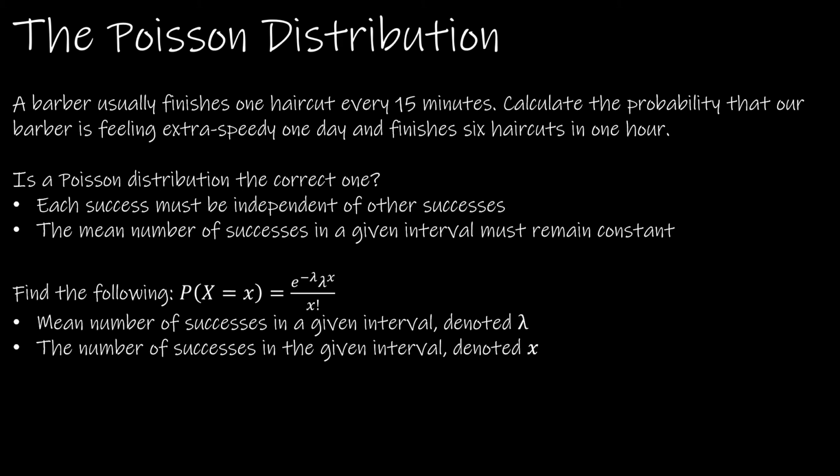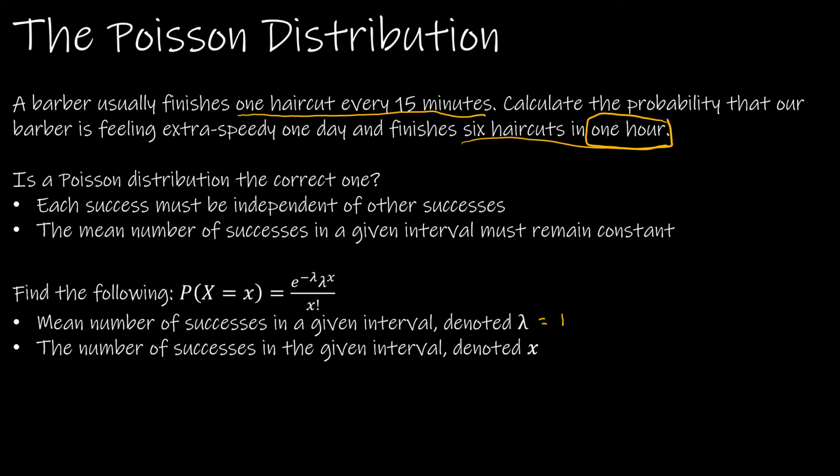So now let's take a look. And here's where students really struggle with the Poisson distribution. In this question, I'm given one haircut every 15 minutes, and then it asks me about 6 haircuts in 1 hour. So 1 hour is the interval in which I'm interested. So the mean number of successes is not going to be 1, because it's one haircut every 15 minutes.